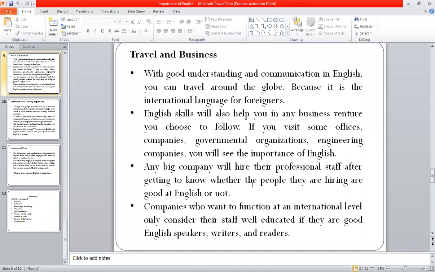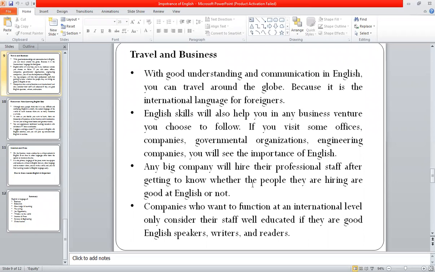If you fail those criteria, they won't select you; they will select those who are better than you. So for hiring in any multinational company, they will check whether the people they are hiring are good at English or not. This is also one of the important points.